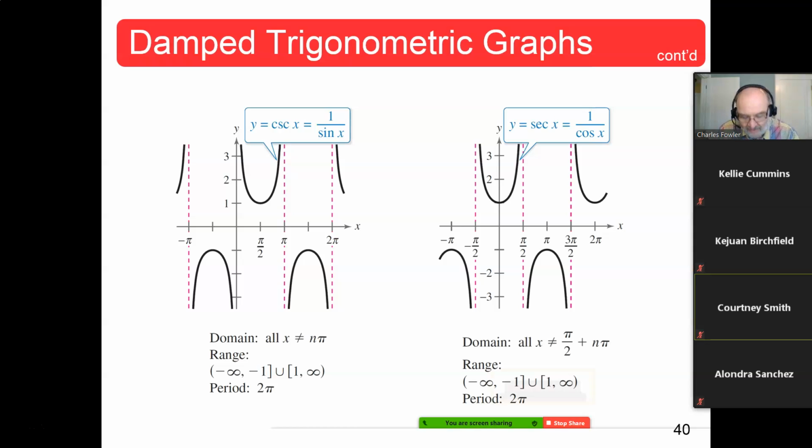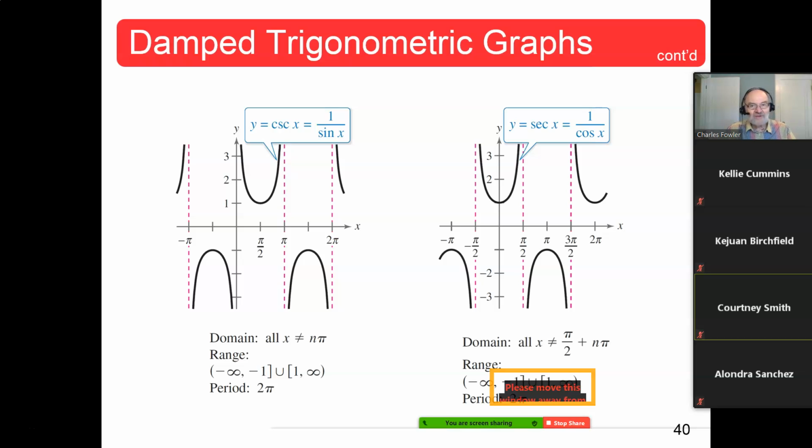Let's do 4.6 vocabulary. I don't know if you have your books or not. I'll read them off. They all are fill in the blanks, so listen carefully as I read. The tangent, cotangent, and cosecant functions are blank, so the graphs of these functions have symmetry with respect to the blank.